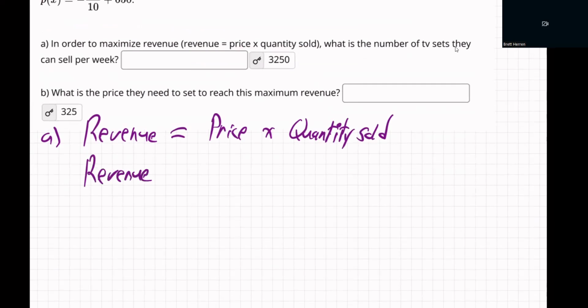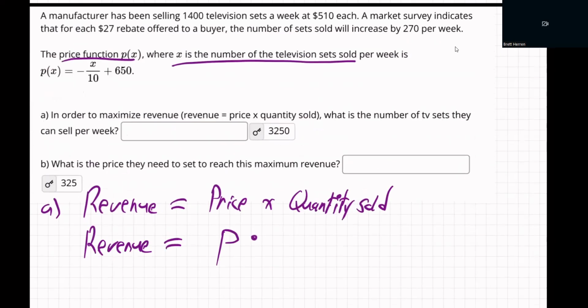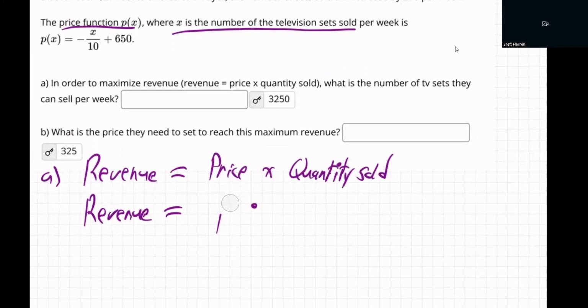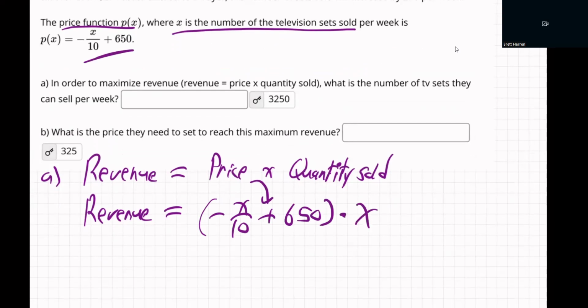What's the price? Oh, I'm sorry, price should be that whole formula: minus X over 10 plus 650. That's the price formula times the quantity sold, which is X, the number sold.